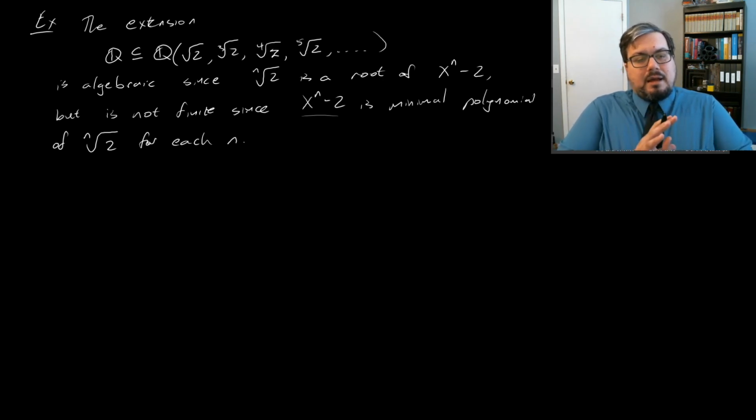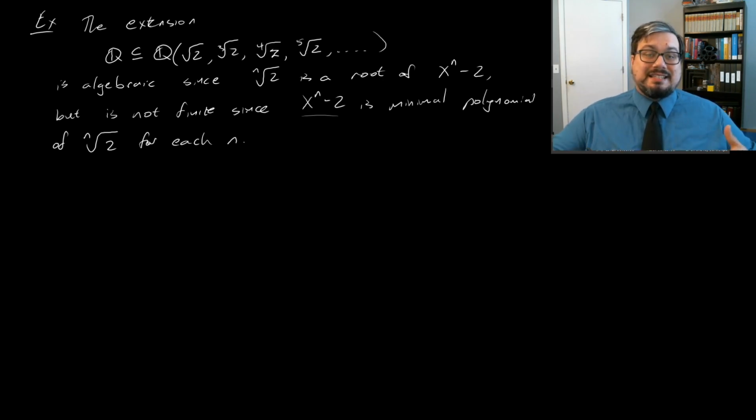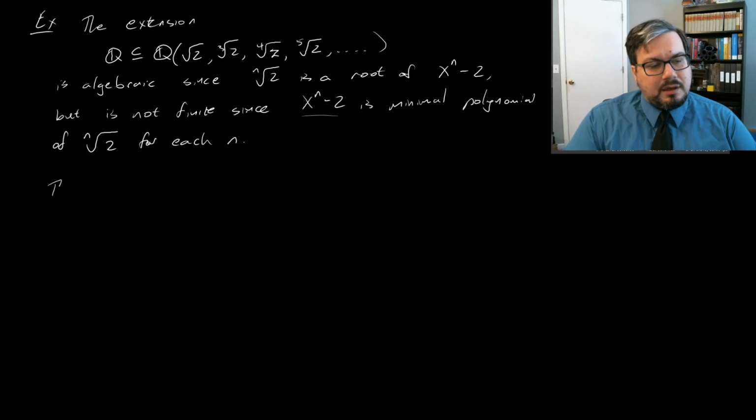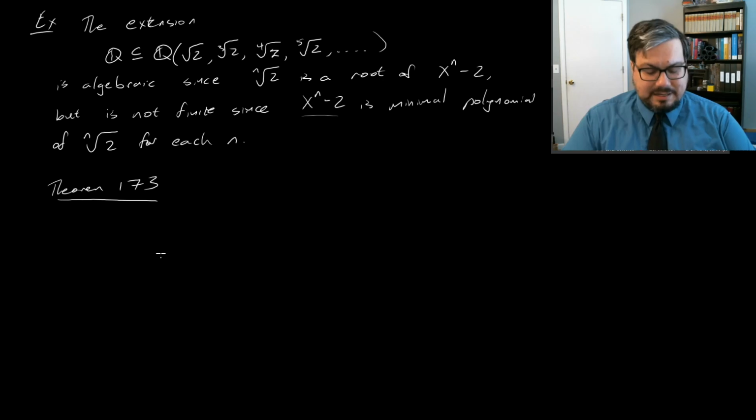Now, the next step in our study of the structure of field extensions is to see what happens when we have a sequence of extensions, or equivalently, a field extension and a field that sits between the two, larger than the base field but smaller than the whole thing. Theorem 173 is key to understanding how this works.